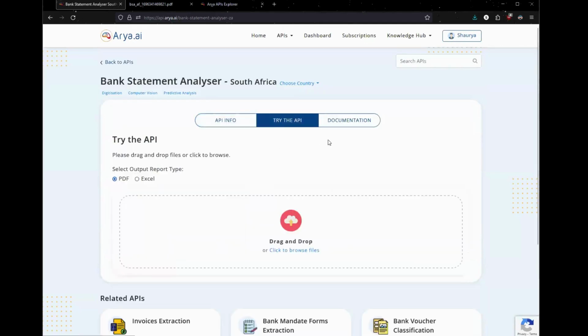But for someone who wants to just test it out using the platform, we have two output report type options: PDF as well as Excel. I hope I answered your question as well.